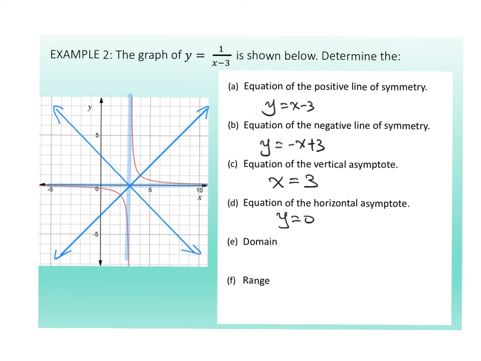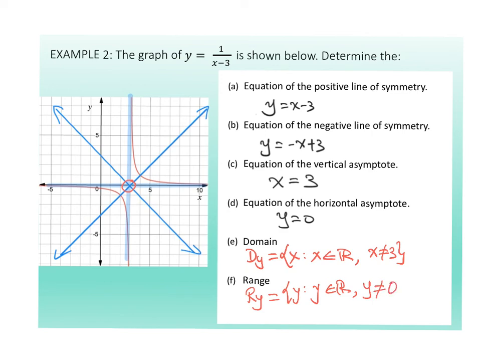So now again, looking at the domain and range, the domain of y is x is such that x is an element of the real numbers, and this time x does not equal 3. Whereas the range of y is such that y is an element of the real numbers and y does not equal 0.